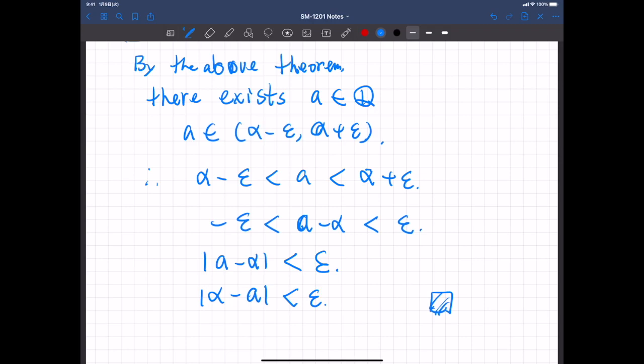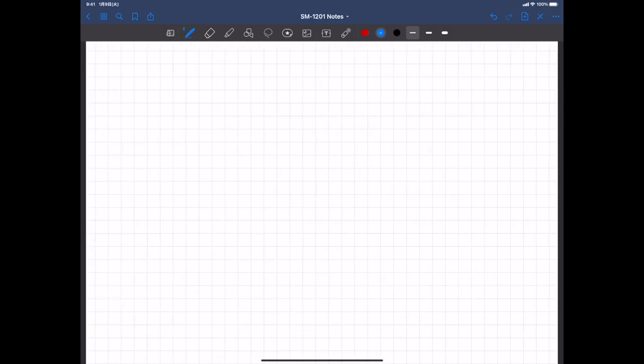Let's see a few concrete examples of this fact. Consider square root of 2 and a, such that the difference is less than 0.01. In this case, this is that epsilon, and this is alpha.